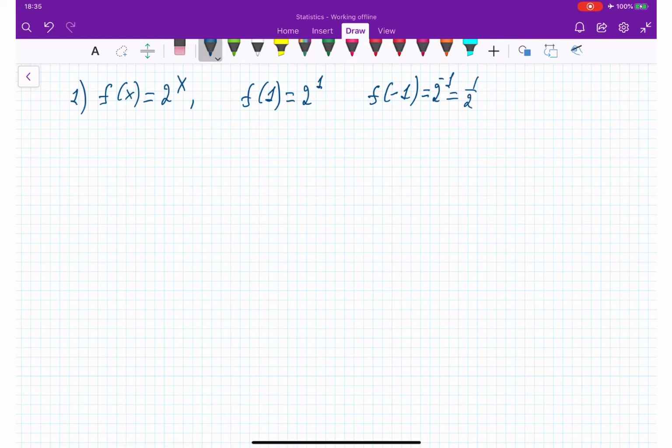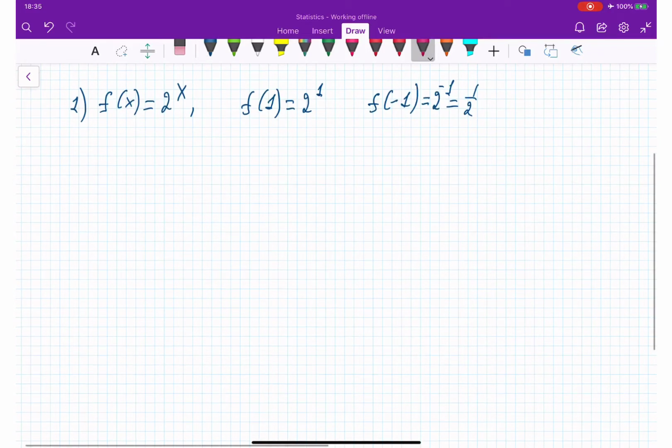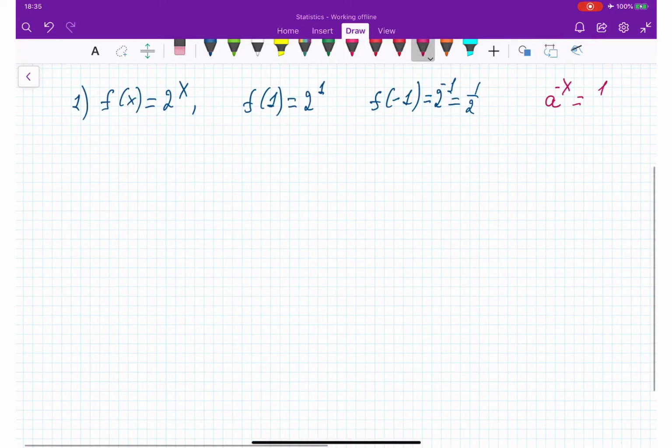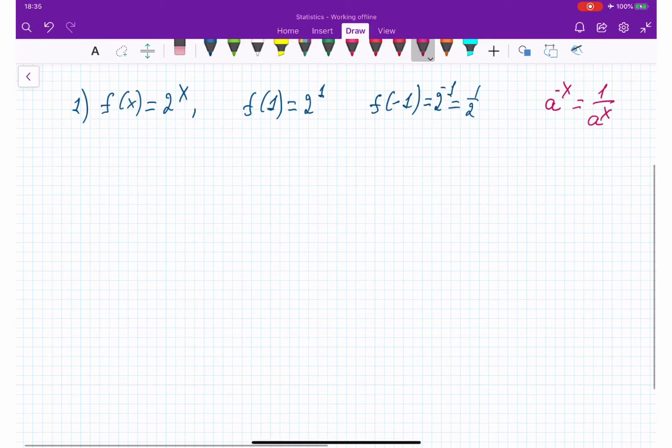Let me explain why we get 1 over 2. First of all, the rule is a to the power negative x is equal to 1 over a to the power positive x. So if I have 3 to the power negative 1, it's equal to 1 over 3 to the power positive 1, or 1 over 3.